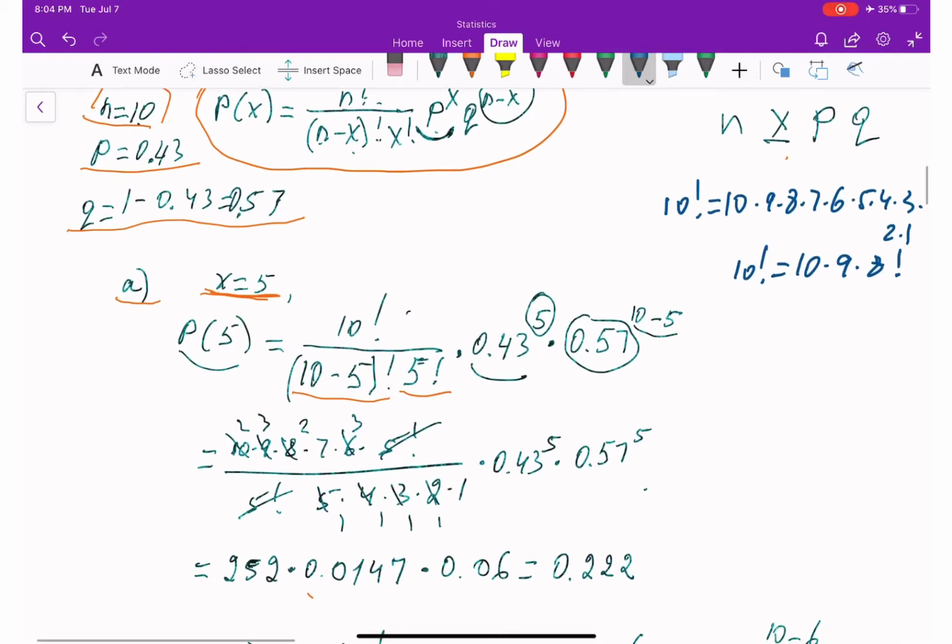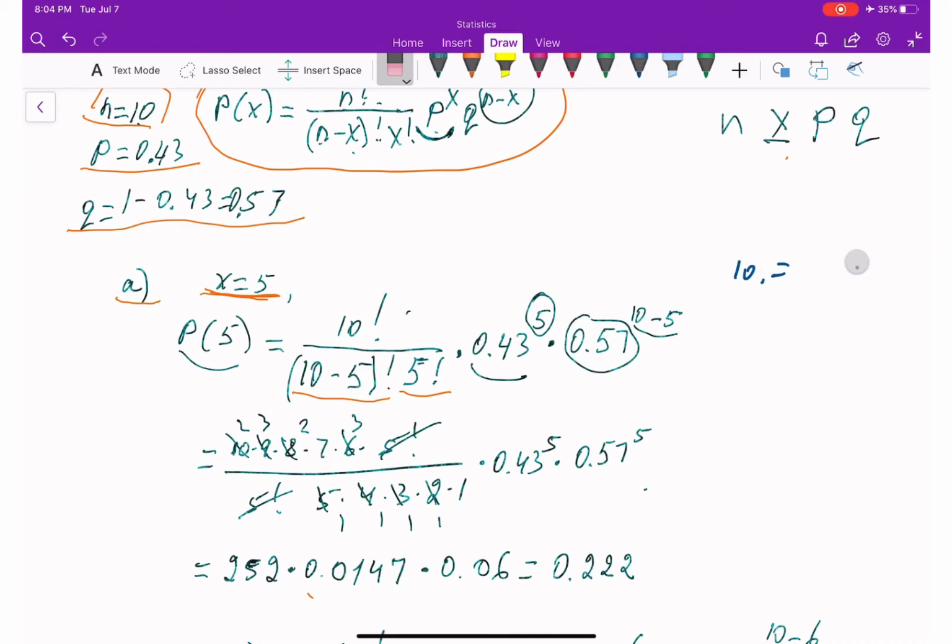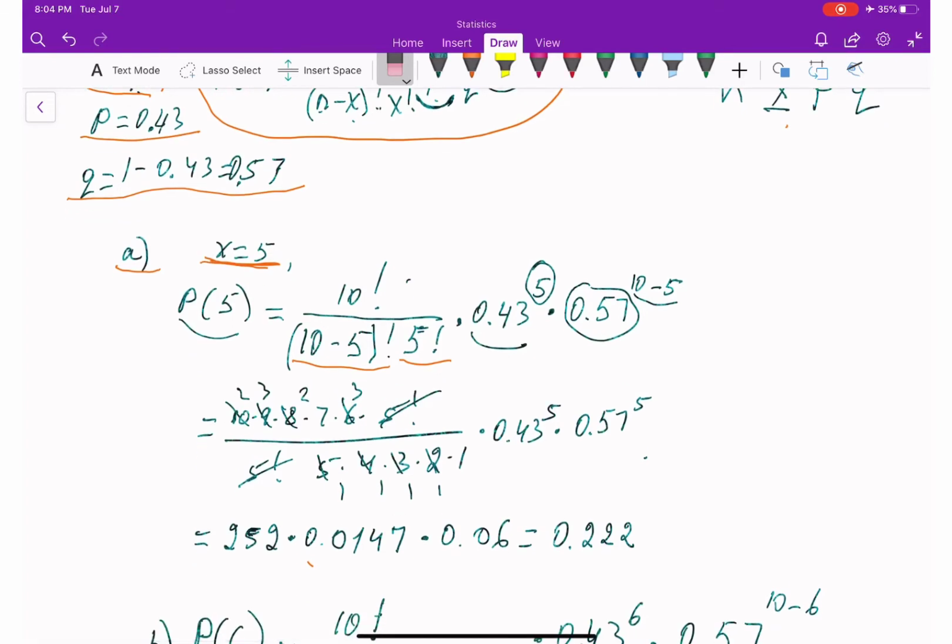So here, let me clean this so it's not a mess, because I have too much writing here anyway. All right. So factorial of 10, see I'm opening here, 10 times 9 times 8 times 7 times 6, 5 factorial.